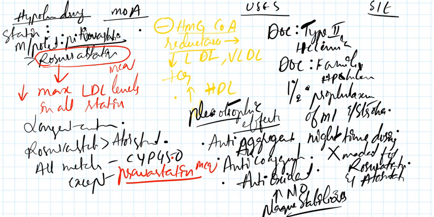Now if someone is using protease inhibitors, they sometimes cause hyperlipidemia or dyslipidemia; obviously their side effect is dyslipidemia. What is the drug of choice for protease inhibitor induced dyslipidemia? That is pravastatin.